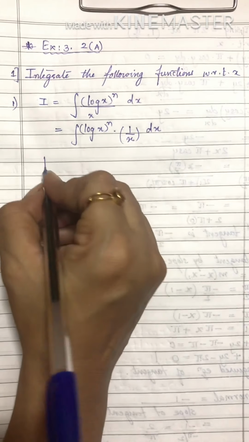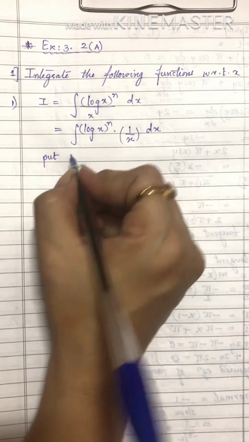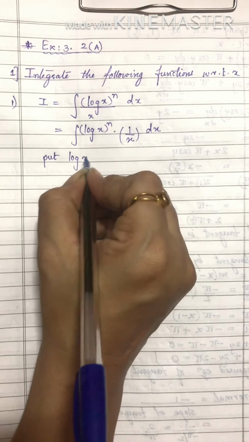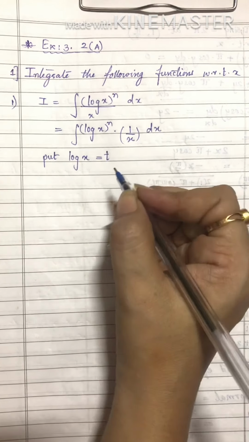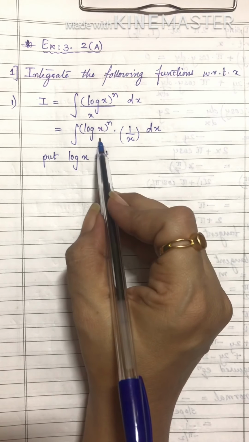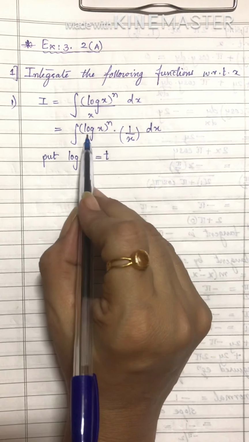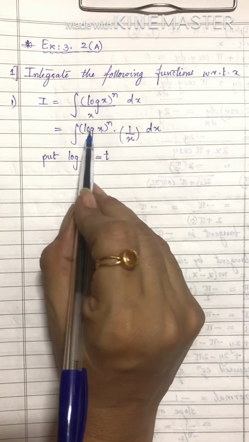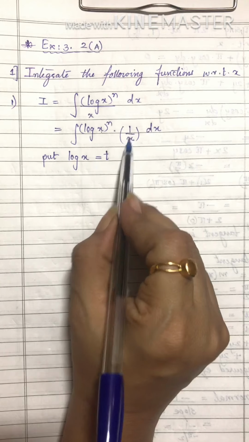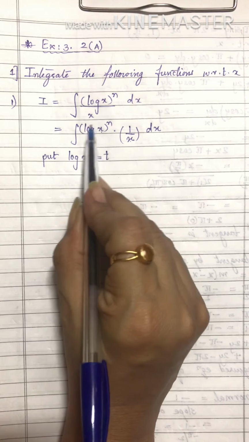This is a substitution kind of sum. We will put log x as t. Now you will wonder how we know which term needs to be substituted. Simple thing: log x derivative is 1 upon x, so you take the substitution for log x.